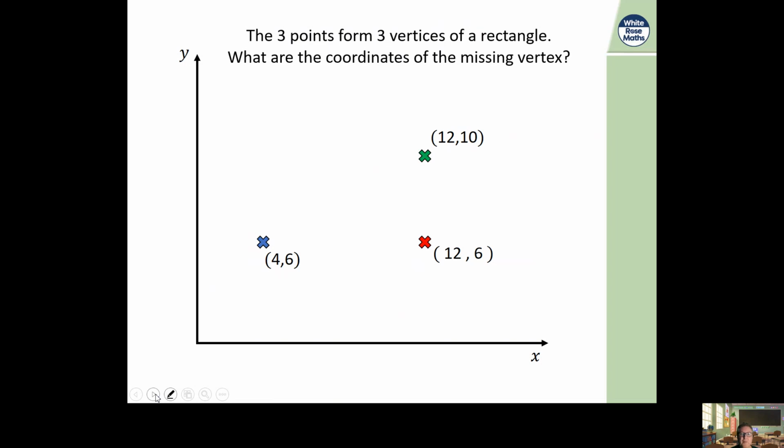So if the 3 points form 3 vertices of a rectangle, what are the coordinates of the missing vertex? So that's going to be over here. Have a think.